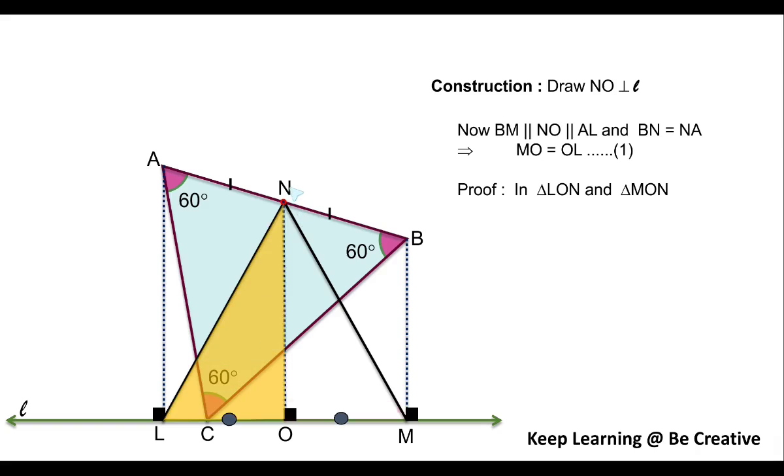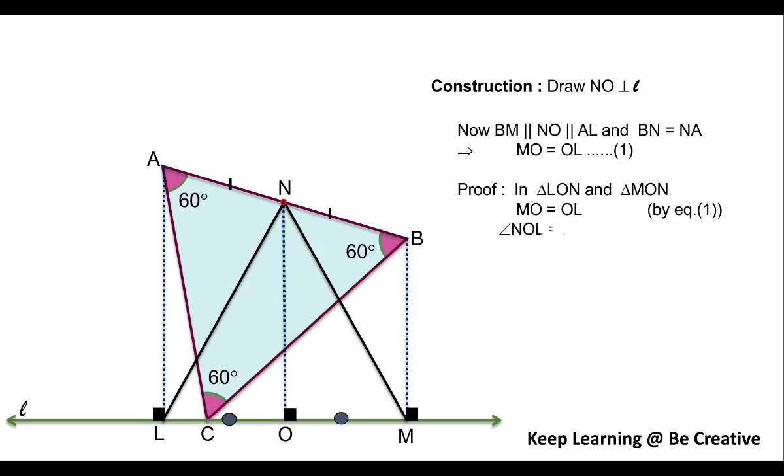Now to prove NL and NM equal, I am considering these two triangles. I will take the help of congruency to prove NL equals NM. Let's see how. As LO is equal to OM, this motivates me to take these two triangles which I can prove congruent easily. In these two triangles, we have already written that OM is equal to OL.